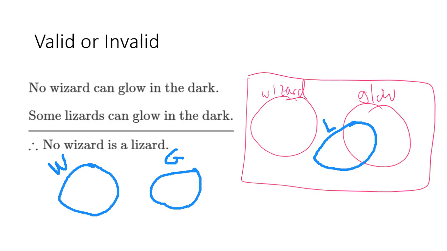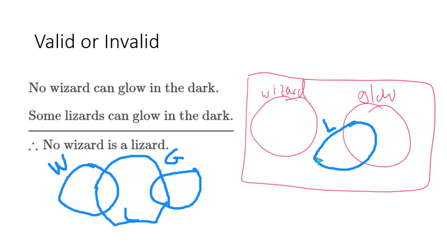And then some lizards can glow. Well, I can make my lizard circle something like this. So this is my lizard circle. And here I can see that some lizards are still glowing, right? But now some of those lizards are wizards. So there are these guys here that are lizards and wizards.